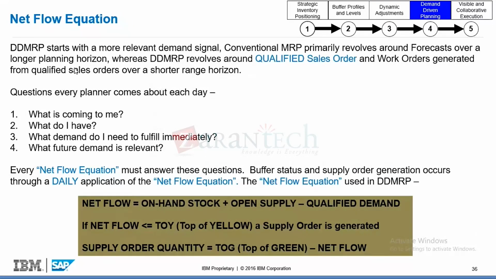So once we do the adjustments, then comes the next point, the demand driven MRP run and how the net requirement is calculated. That is, in our MRP calculation, we have the net requirement calculation. So here we have a net flow equation.